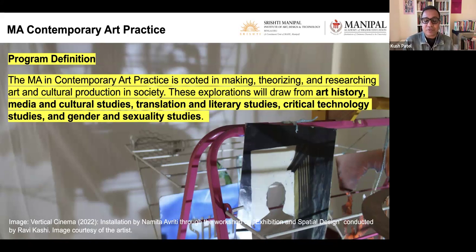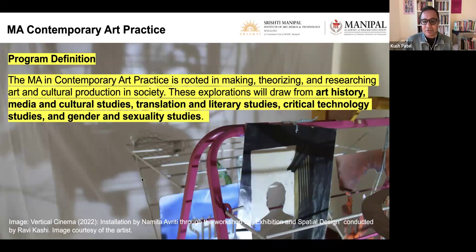Students in the program come with an art and design background, but there are also students who come with humanities and social sciences backgrounds, really thinking about what it means to build artistic explorations that draw from art history, media and cultural studies, translation and literary studies, critical technology studies, and gender and sexuality studies.